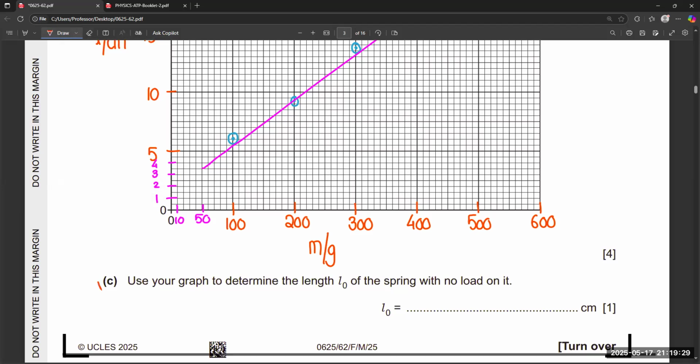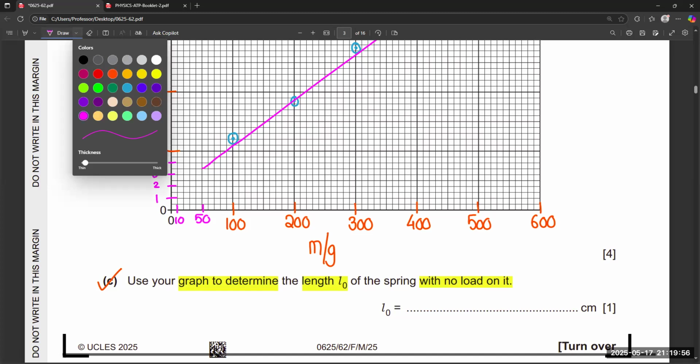Then C part, use your graph to determine the length L naught of the spring with no load on it. So when there is no load, we have to find out the length L naught of the spring. Basically, we have to extend this line, because it is mentioned when there is no load on it.